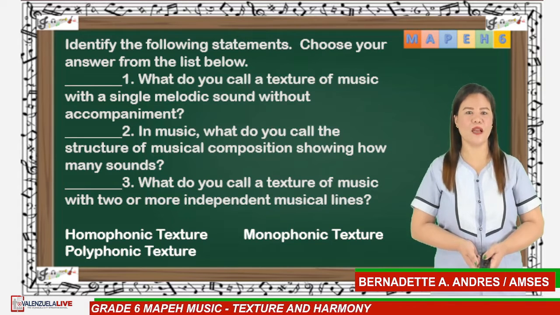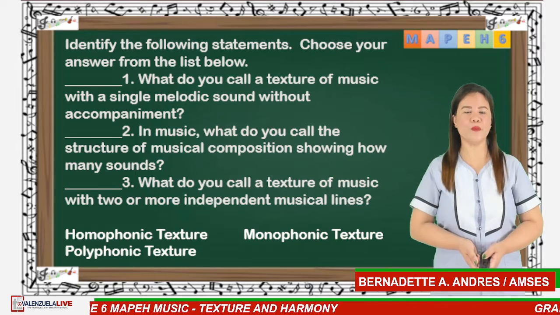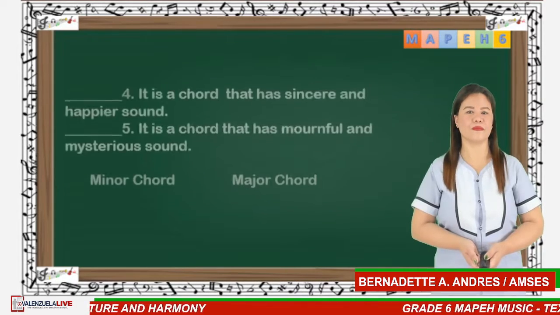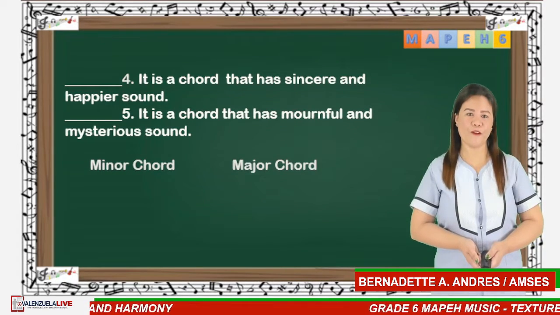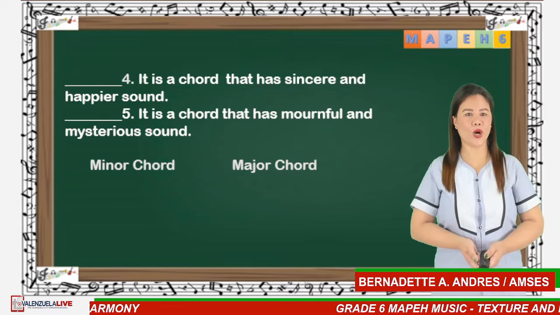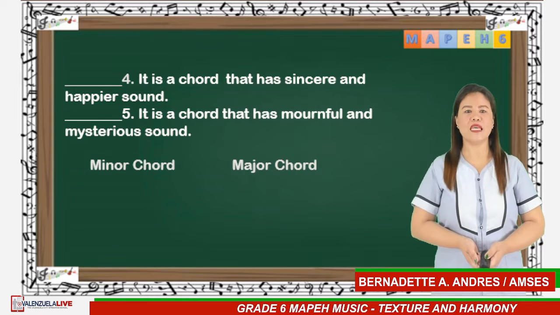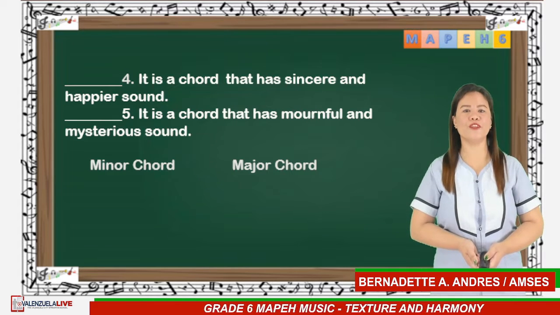Number 3, what do you call a texture of music with two or more independent musical lines? Number 4, it is a chord that has a sincere and happier sound. Number 5, it is a chord that has a mournful and mysterious sound.